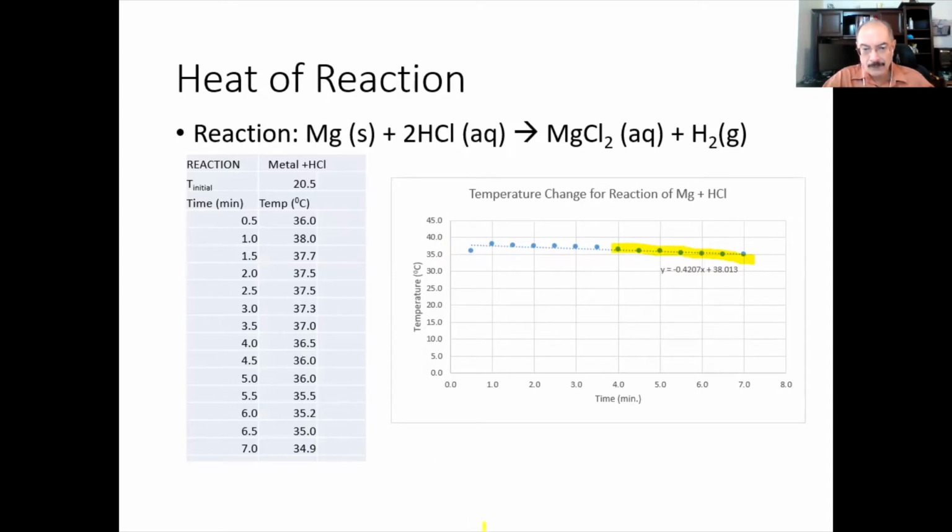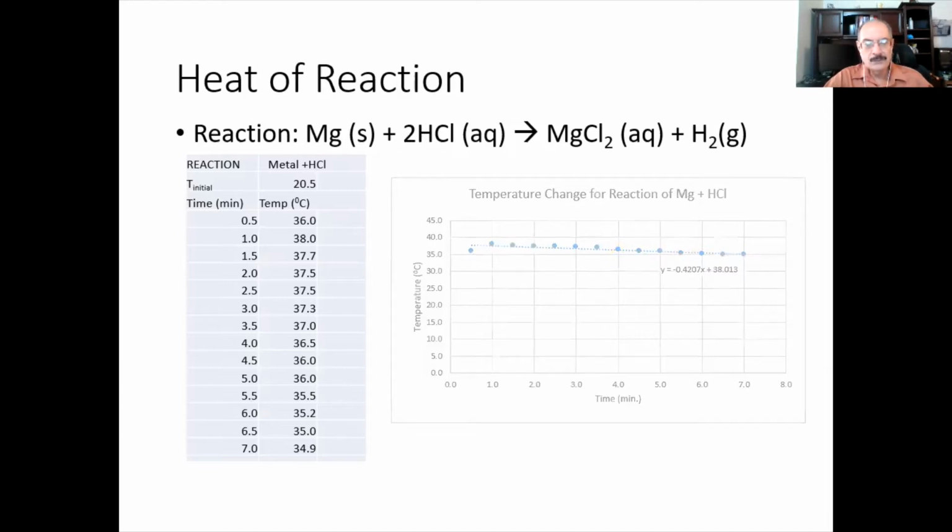Now, there's a problem with this situation here, and it is that data point there. Notice that that initial data point is off of the trend. And so we are going to discard that data point. Let me erase this line that I made here.